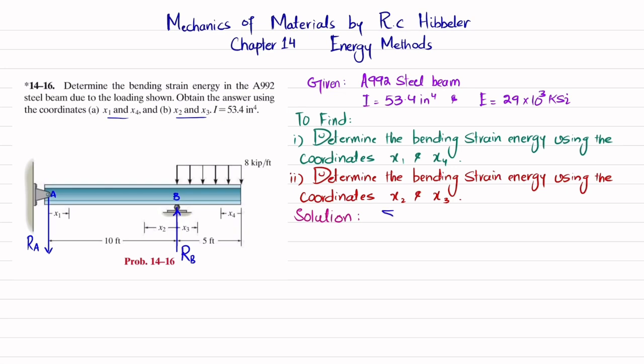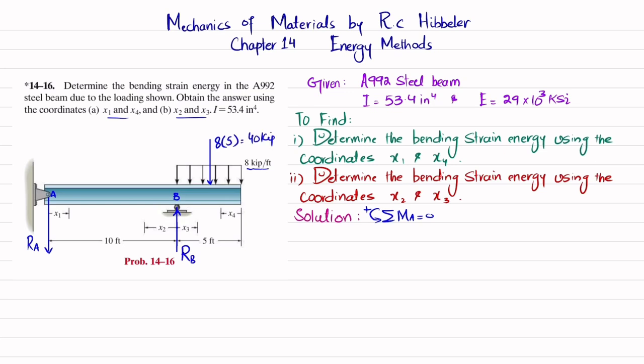The first equation of equilibrium is that the sum of all moments about point A is equal to 0, taking the counterclockwise moment as positive. First we will convert this 8 kips per feet uniformly distributed load into a point load. It will act at the middle. So this load will be 8 into the length, which is 5 feet, that will be 40 kips.